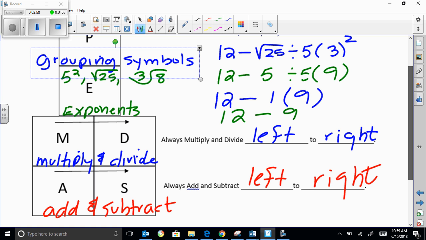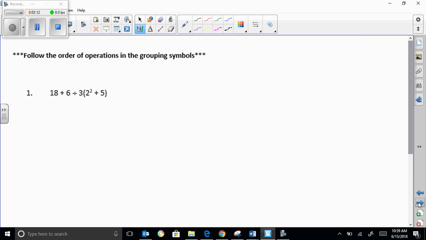Do not skip addition and do subtraction. Do not skip subtraction and do addition. 12 minus 9, my answer is 3. Okay. When you are completing these problems, make sure you do the operations within the grouping symbol first.